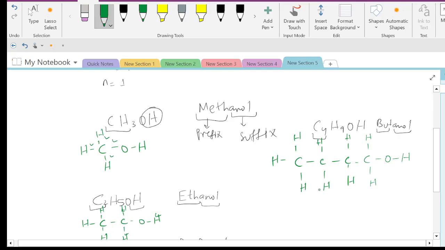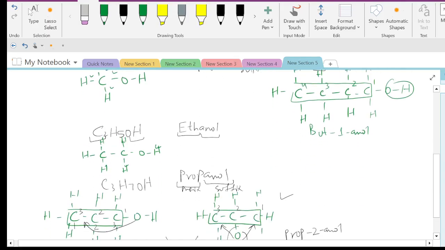So it is but, and we have to start the numbering from the right hand side because the functional group is present there. So first, second, third, and fourth. So it is basically but-1-ol. Is that clear? Similarly, another structure can be possible.